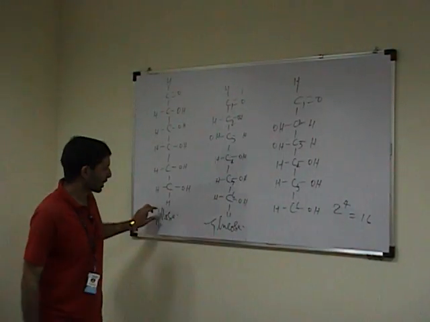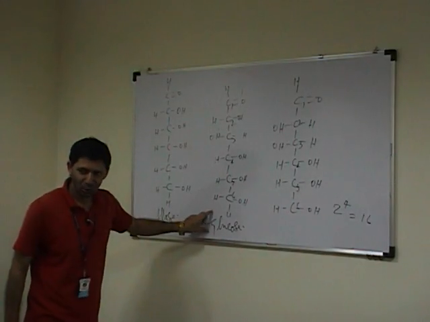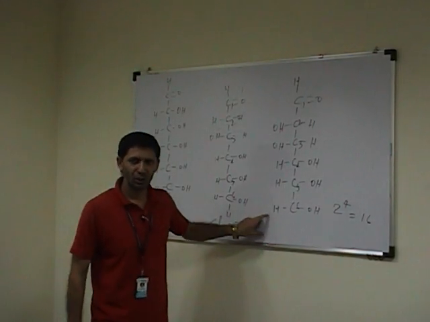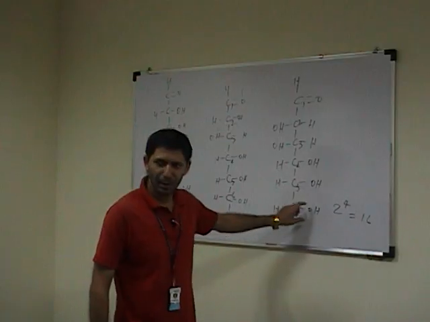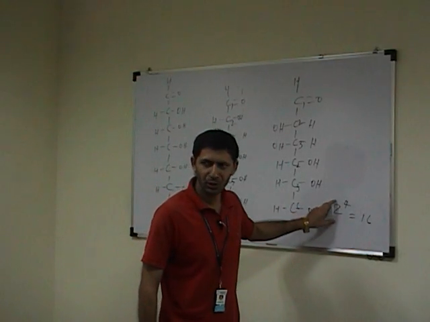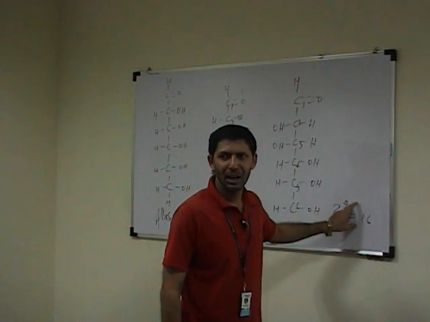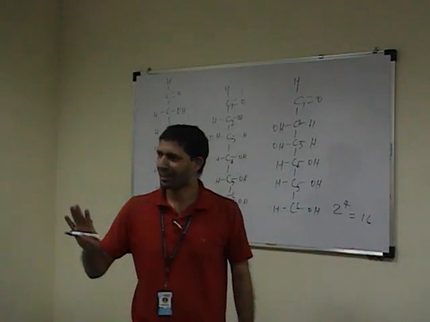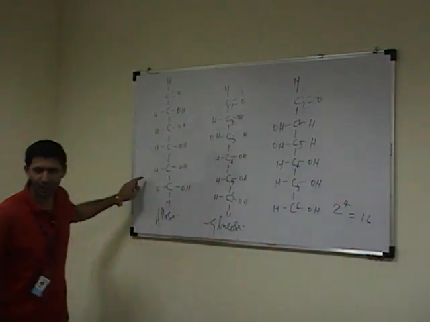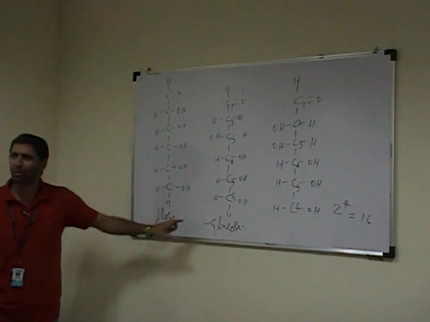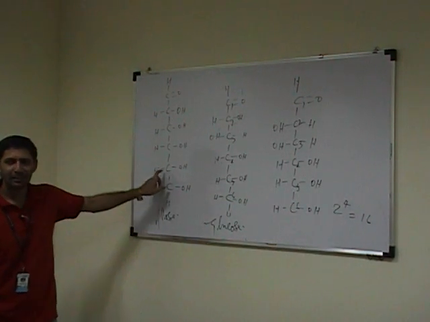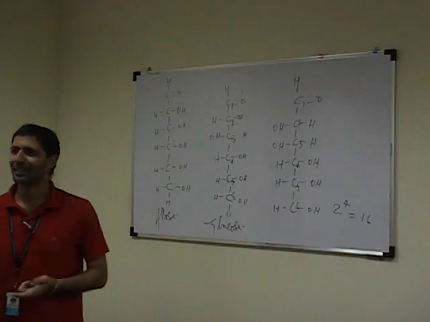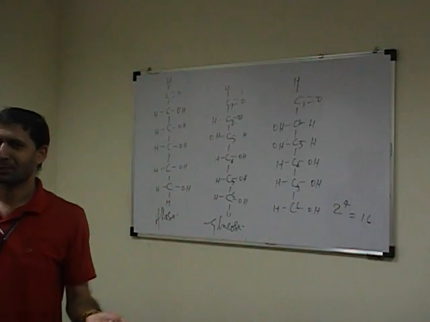As I mentioned, allose, altrose, glucose, gulose, mannose, idose, galactose, talose. Total 8. And if you change at the fifth position, these are D forms. And if you change it, then it will be the L form of each. So you will get 16.